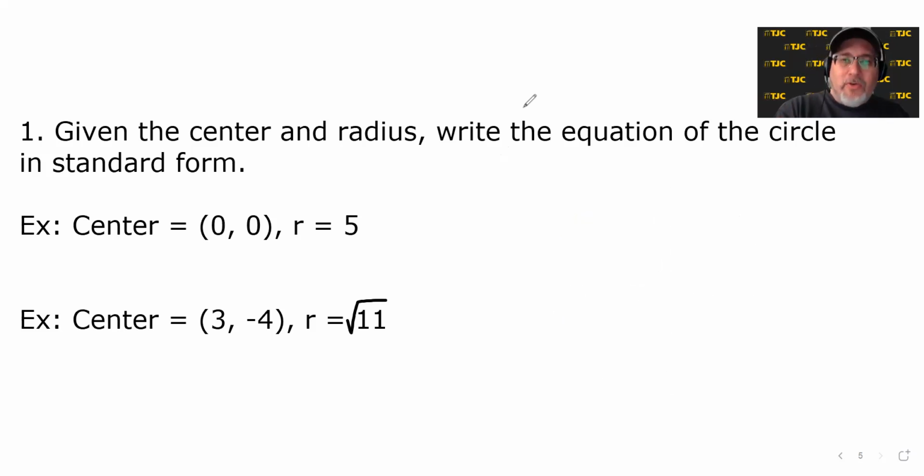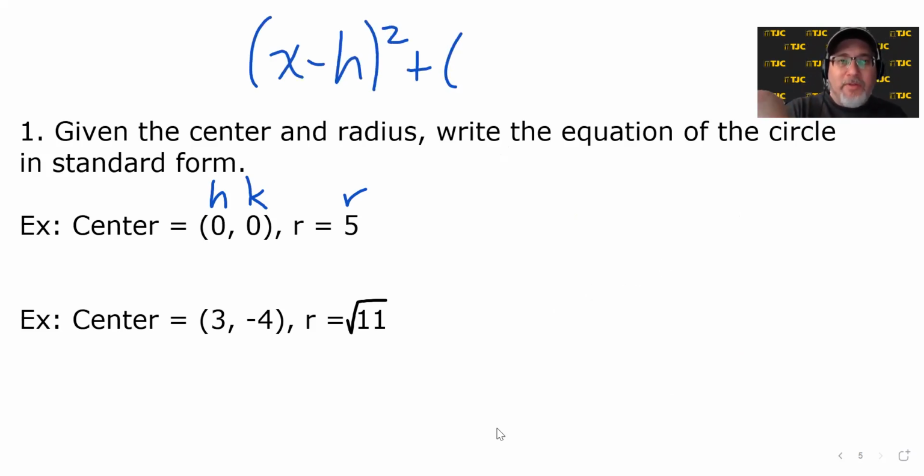Well, all we have to do is identify the pieces that are going to go into the formula. The center generically is h comma k, and of course the radius is r. So all we have to do is take our equation of the circle, which is (x minus h) squared plus (y minus k) squared equals r squared.